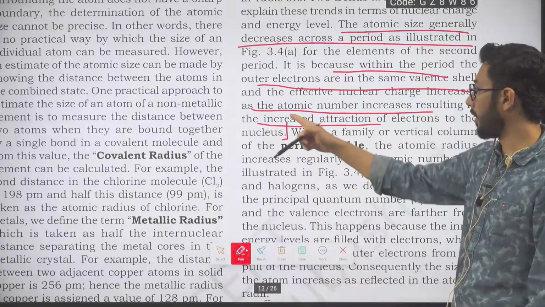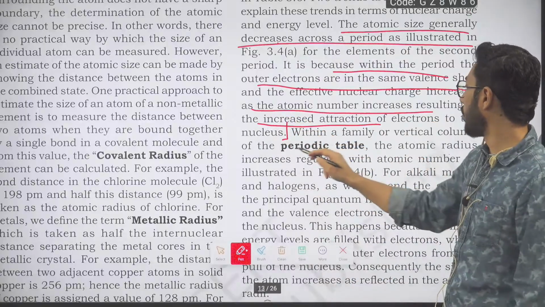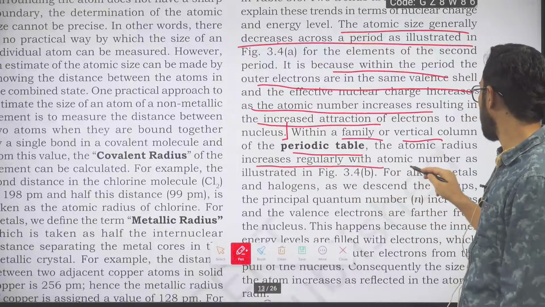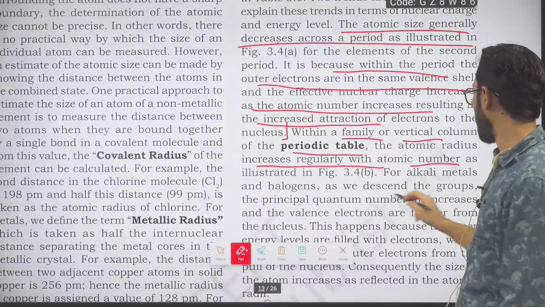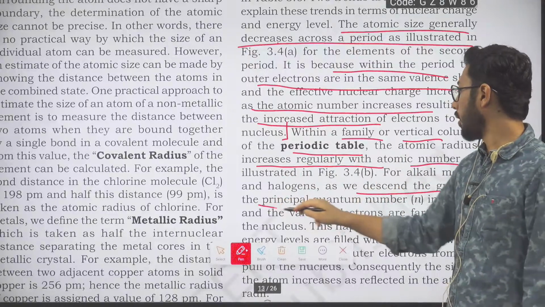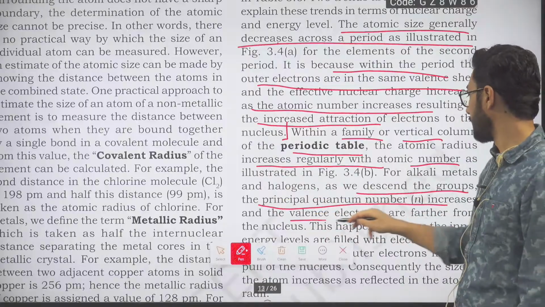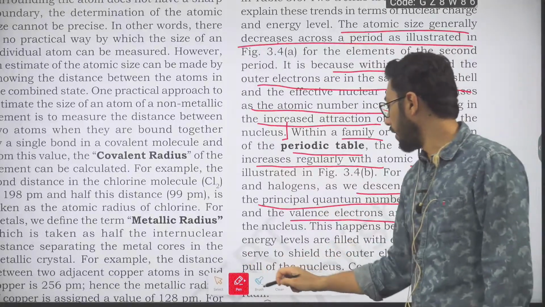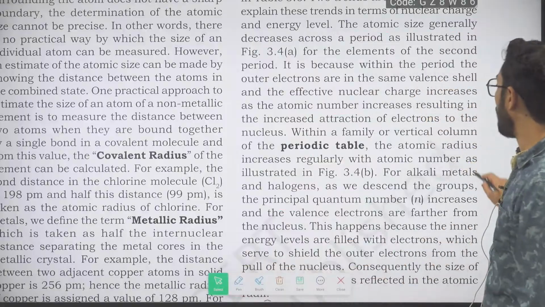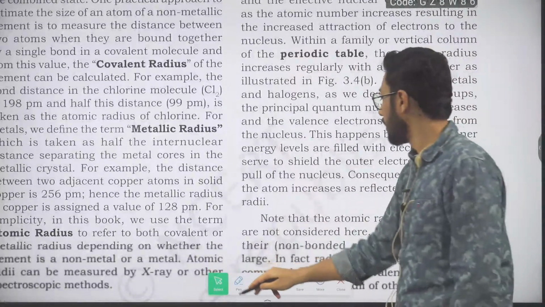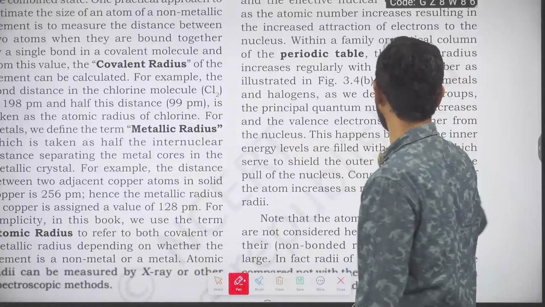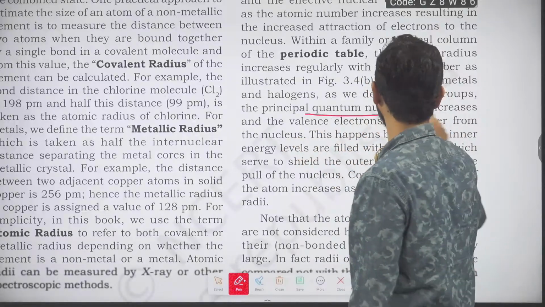That is along the period. Along the group, the vertical column, atomic radius increases regularly with atomic number. Reason: from top to bottom, shells keep on increasing. The valence shell is very far away from the nucleus, and hence more shielding effect will be there.